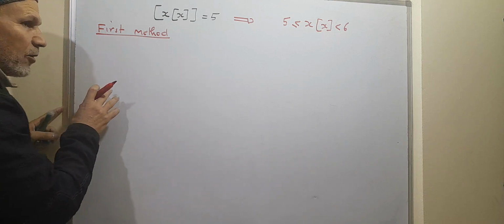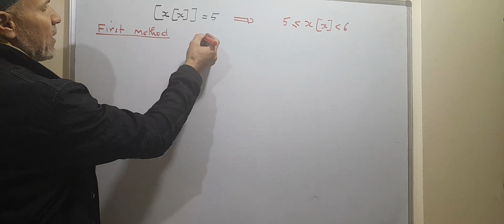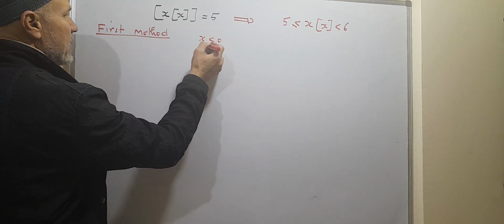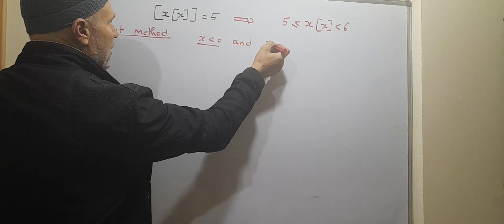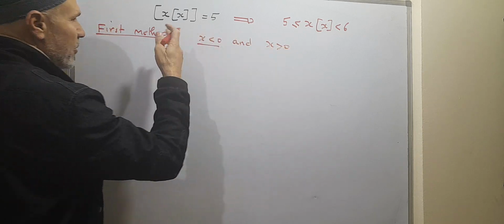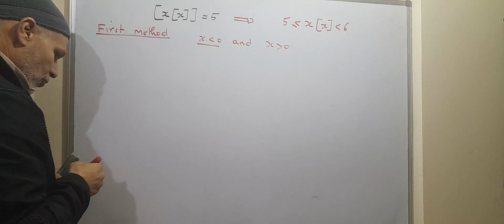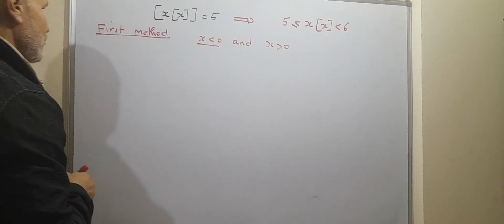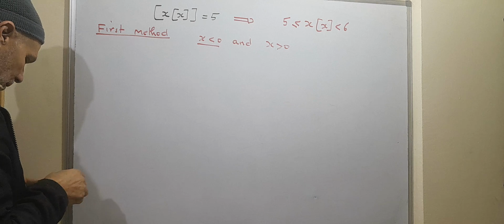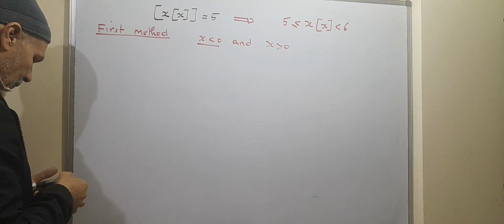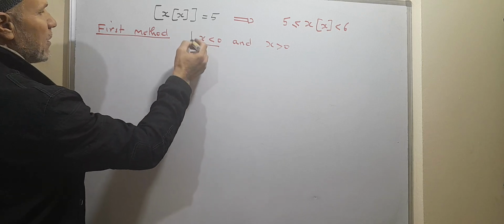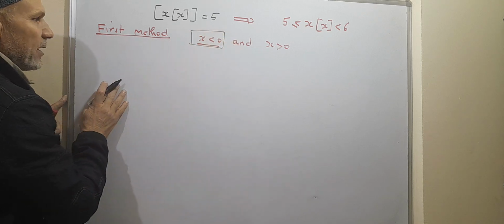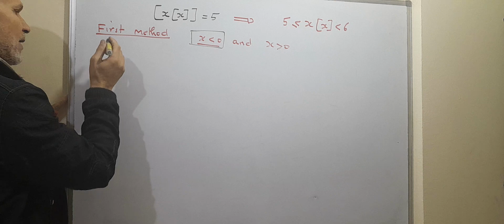We will distinguish two cases: x less than 0 and x greater than 0. X equal to 0, there is no solution, it is obvious. So with the first method, we consider that x is strictly less than 0.